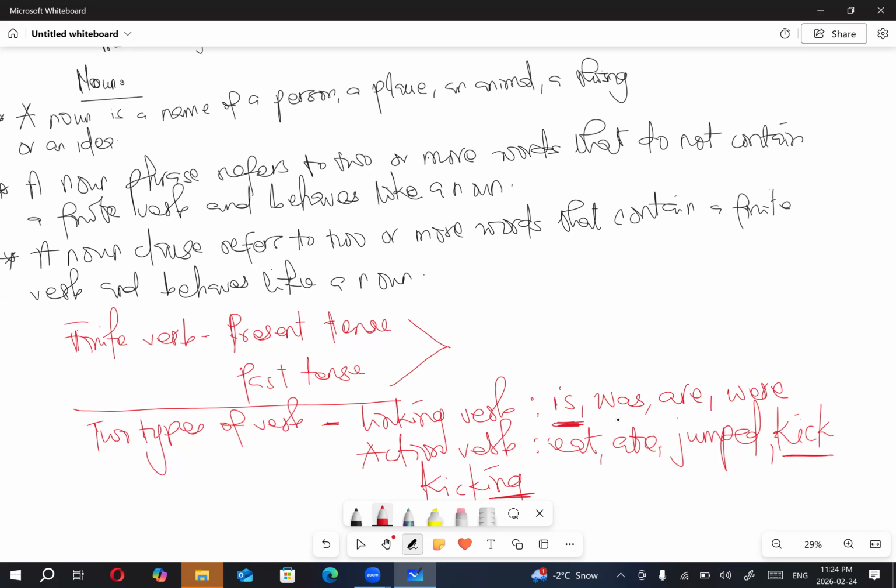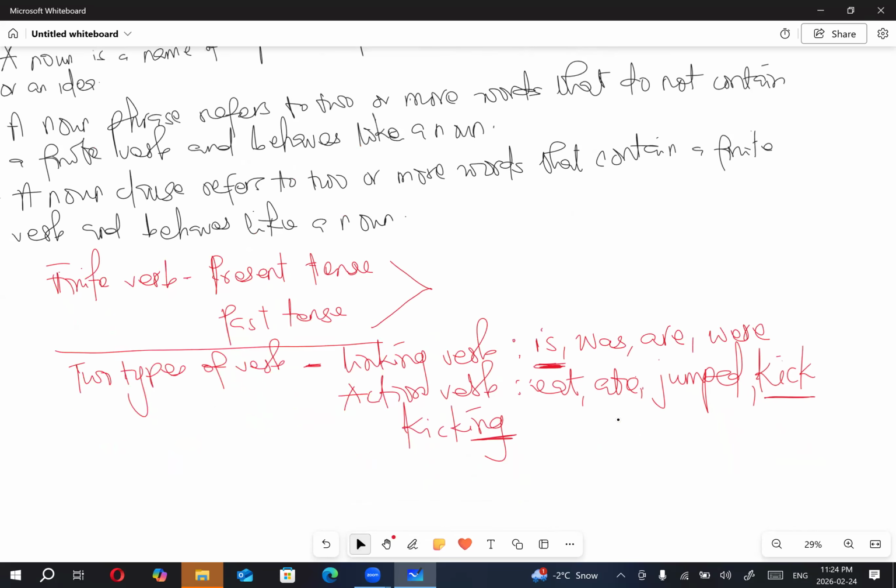So if it was kick, present, I would have said it's a finite verb. If it was kicked, past, I would have said it's a finite verb because it's in the past tense. But kicking is a different tense. So we don't care to know what tense it's in. We don't want to know.